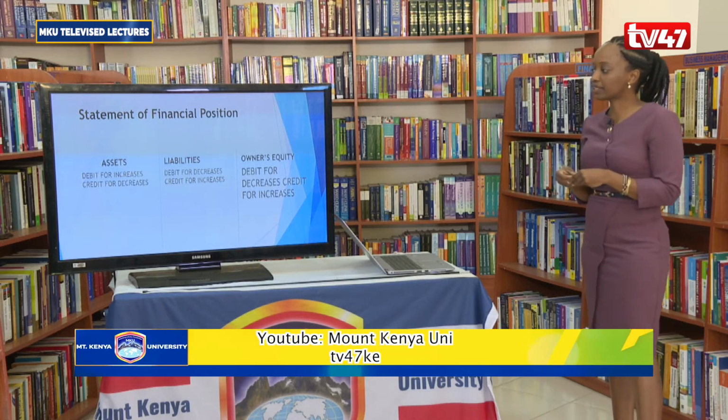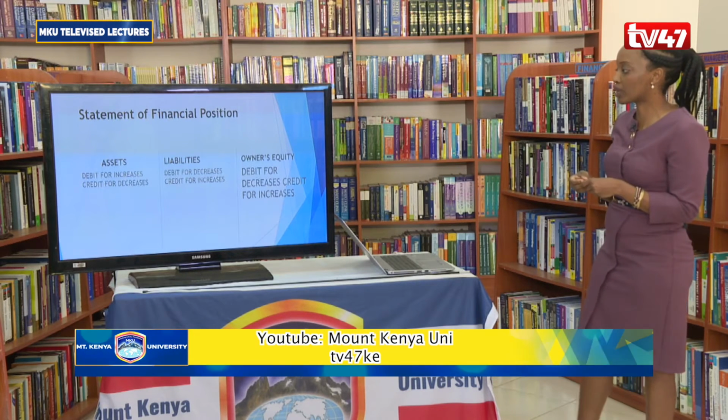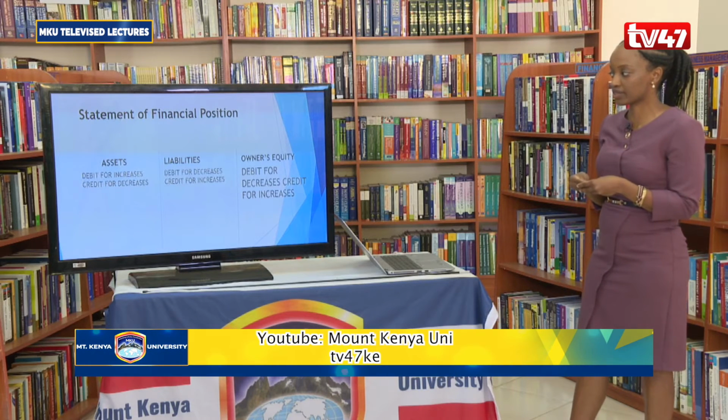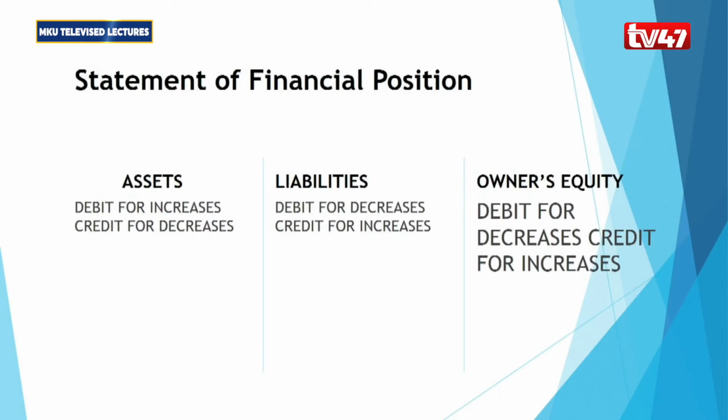In the third part, the third type of account, we have owner's equity, otherwise known as capital. Of course, remember that these are sums or contributions made available by the owners of the business. So we debit for decreases and we credit for increases.